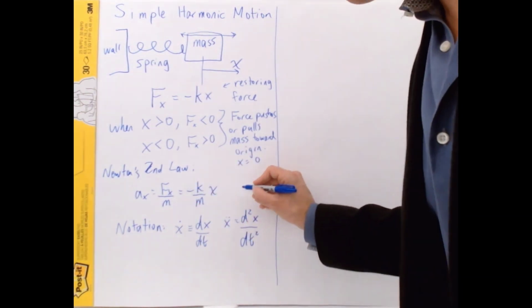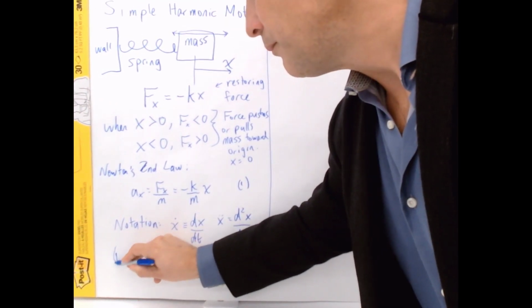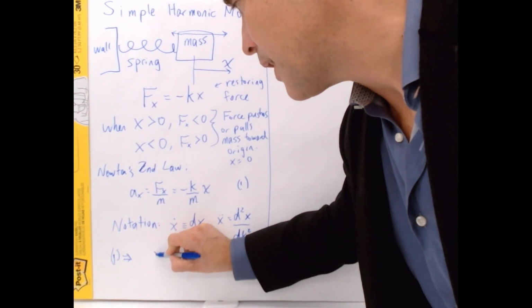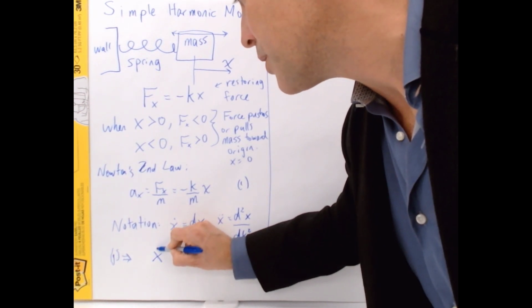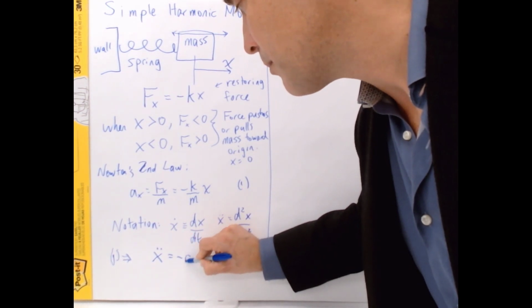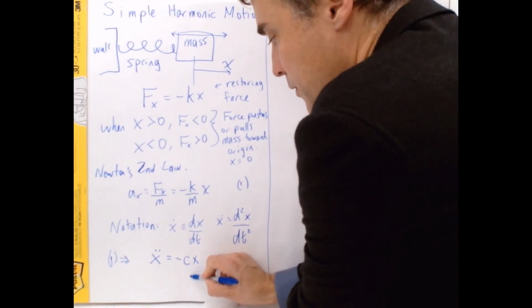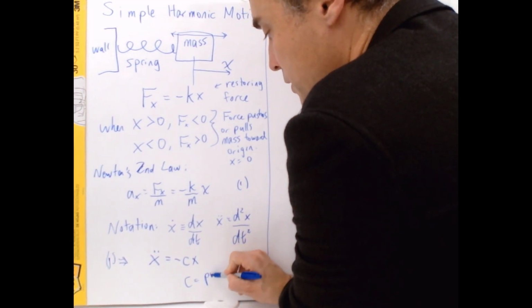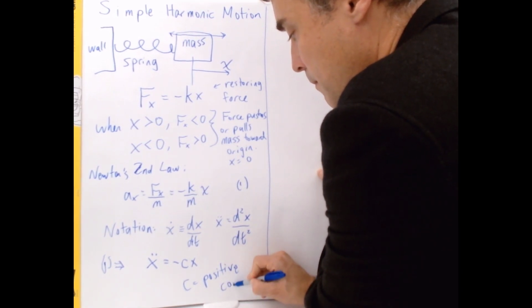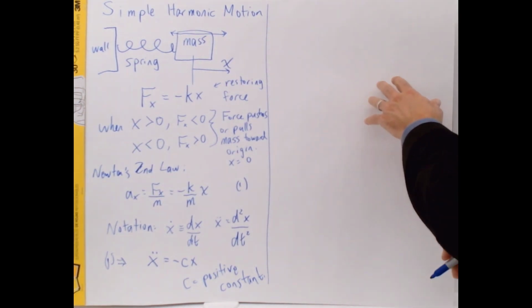And what we can do is now this equation, call this equation 1, then becomes x double dot, which is the acceleration, is equal to negative some constant c times x, where c is a positive constant.